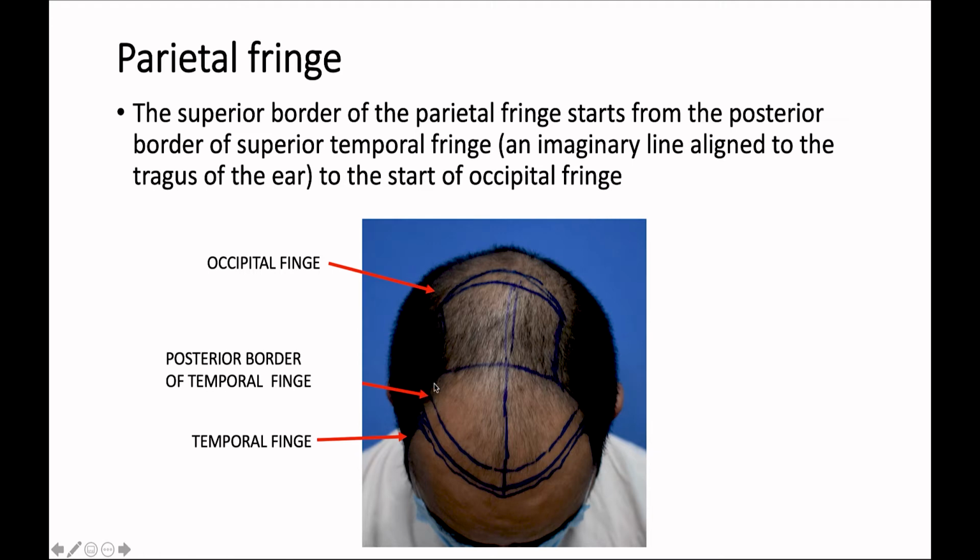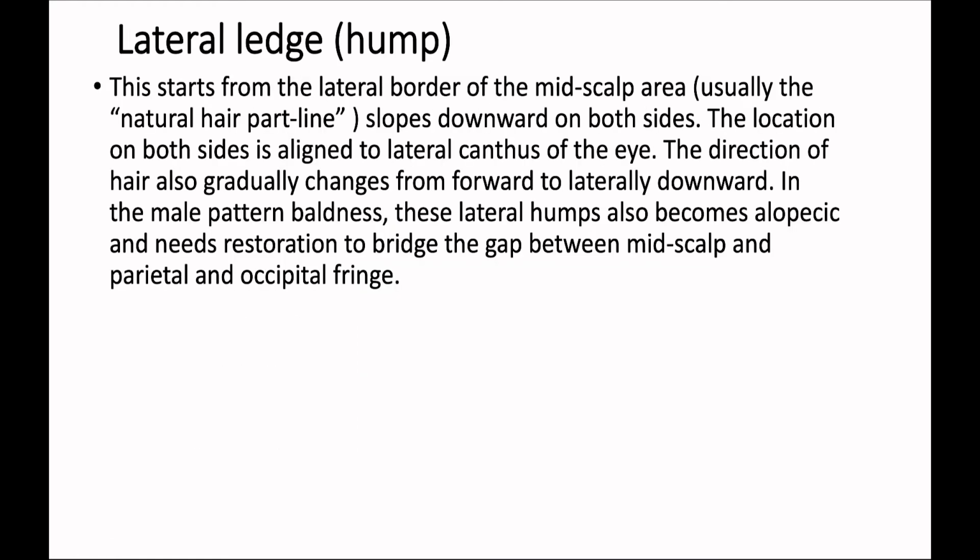This is the parietal fringe. So, an imaginary line aligned to the tragus of the ear. See, this is the tragus of the ear. This is the imaginary line from where it is dividing the parietal fringe and the superior temporal fringe part.